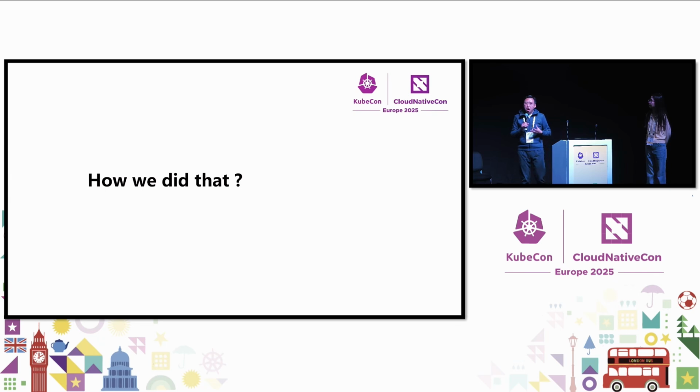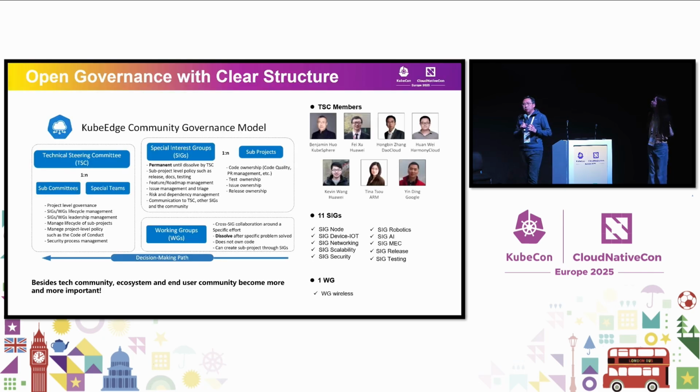Next, how did we achieve this data and push this project to be graduated? I will share a few best practices and what we did. First of all, if your project wants to be graduated, the key thing is not just the technology.